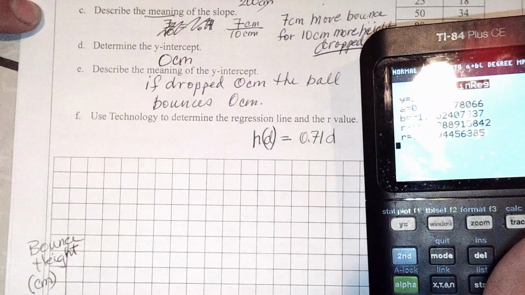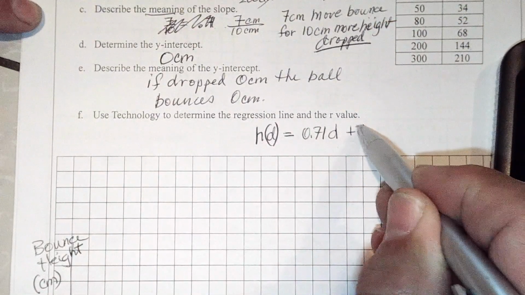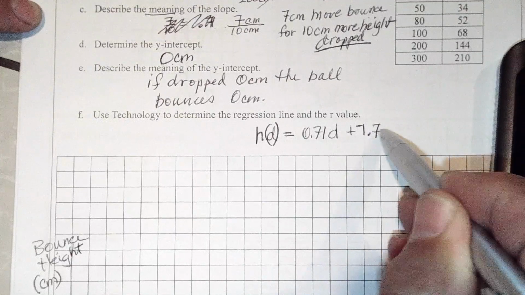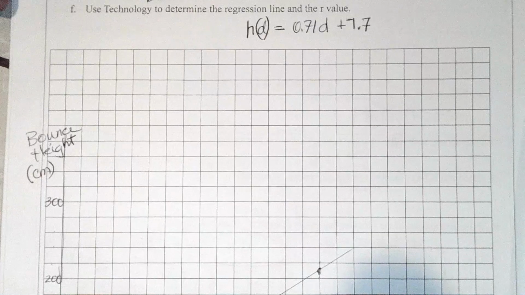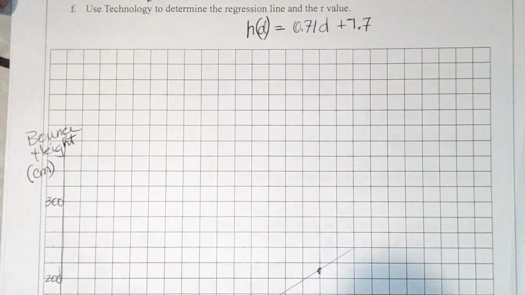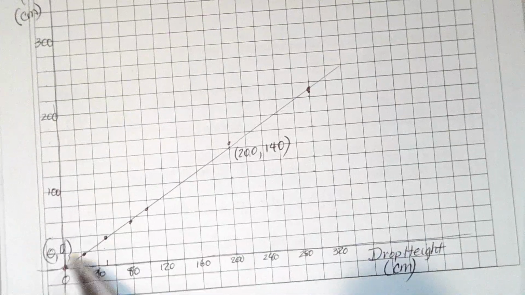And the y-intercept is negative 1.7 centimeters. So it didn't come up with 0, it came out with 1.7 below, slightly different than we had it on our graph down here.